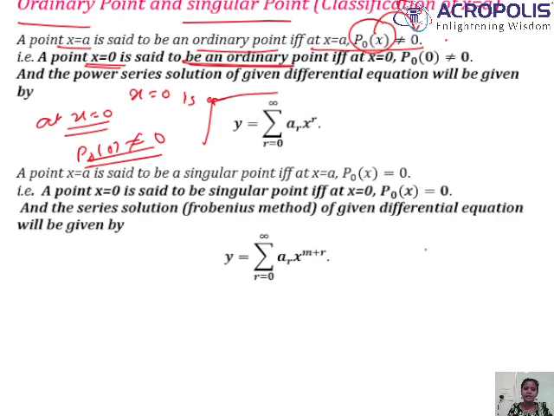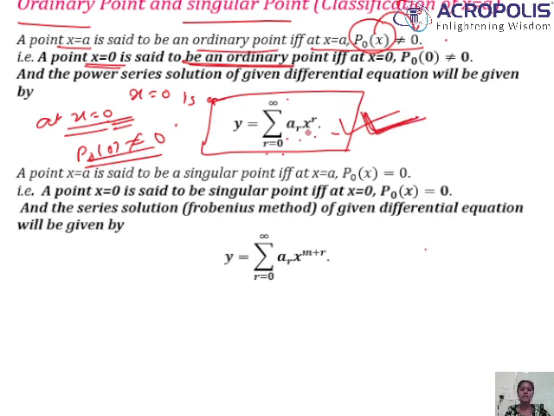If a linear differential equation has x equals 0 as an ordinary point, that type of linear differential equation has the series solution y equals summation r equal to 0 to infinity a_r x to the power r. This is called the series solution for a linear differential equation which has x equals 0 as an ordinary point.